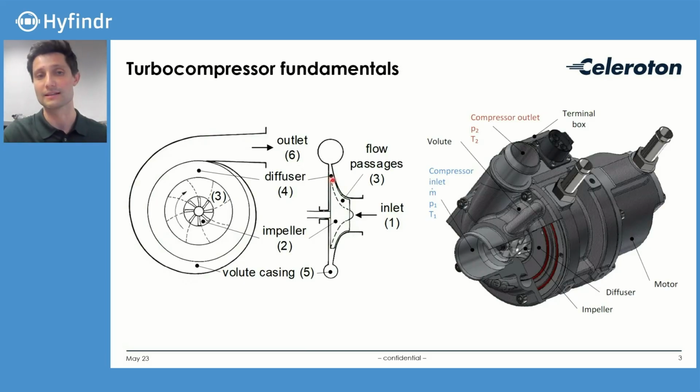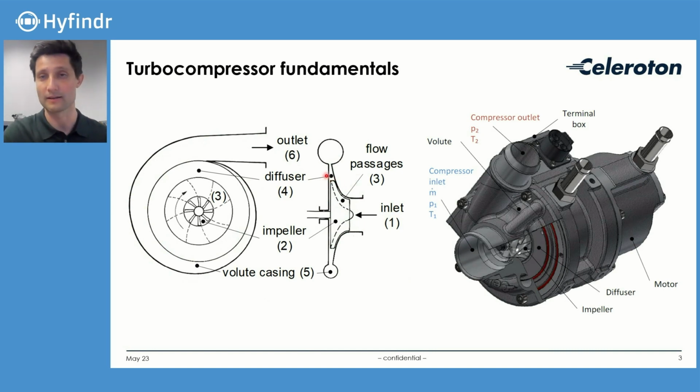Okay, so as that spins, that increases the pressure going out. Correct. First of all, it changes the angular momentum and it increases the total pressure. What is interesting to note is that at the edge of this impeller we still have flow velocities of around 200 meters a second, which means we still need to decelerate this flow to further increase the static pressure that is required for certain applications.